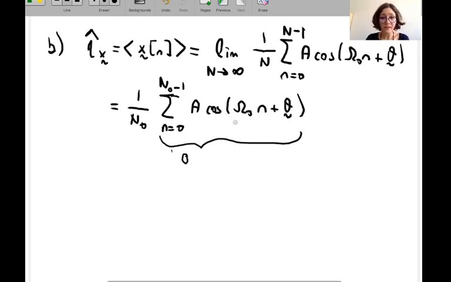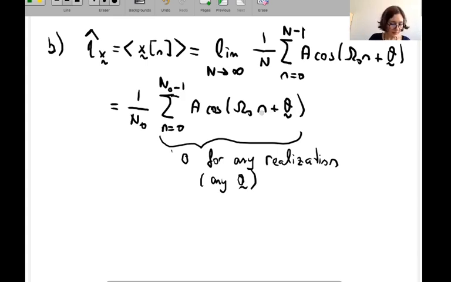And the critical thing is that this is 0 for any realization of the random process. So for any value of theta, I will get 0. Any realization means any theta. Theta is treated as something fixed when we are looking at a single realization of our random process.